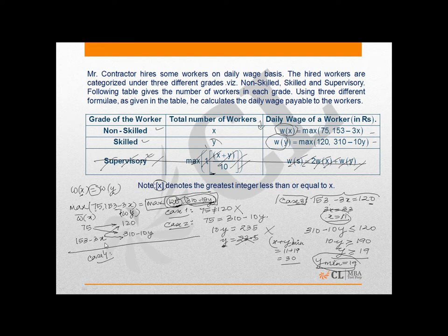Case number 4 is the comparison between 153 minus 3x and 310 minus 10y, considering they both are the max among their corresponding functions. So 153 minus 3x is equal to 310 minus 10y. Solving this, we will have 10y minus 3x is equal to 157. Now, we require the minimum possible x and y such that this equation holds, as well as x plus y is minimum.